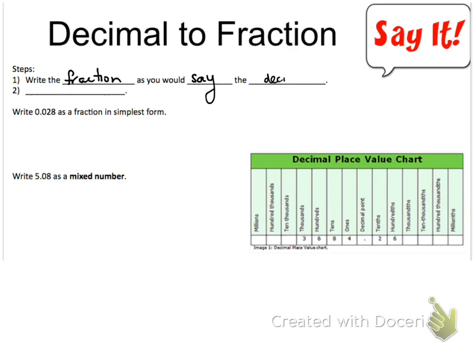It sounds a little confusing, but hopefully you'll see soon. And then step 2 is just to simplify it, like you need to do with all fractions.